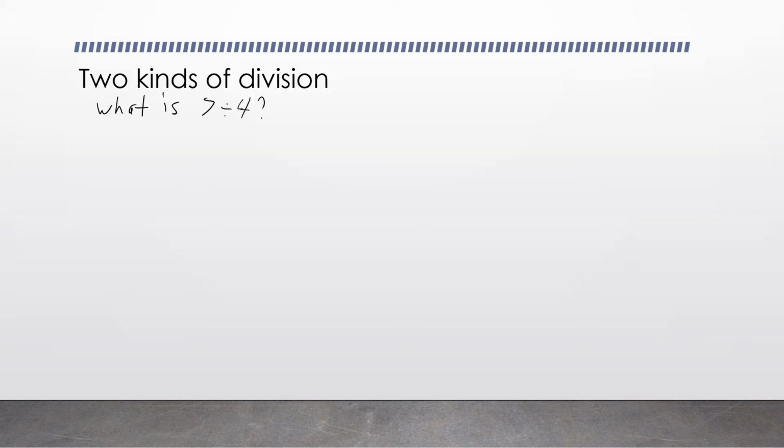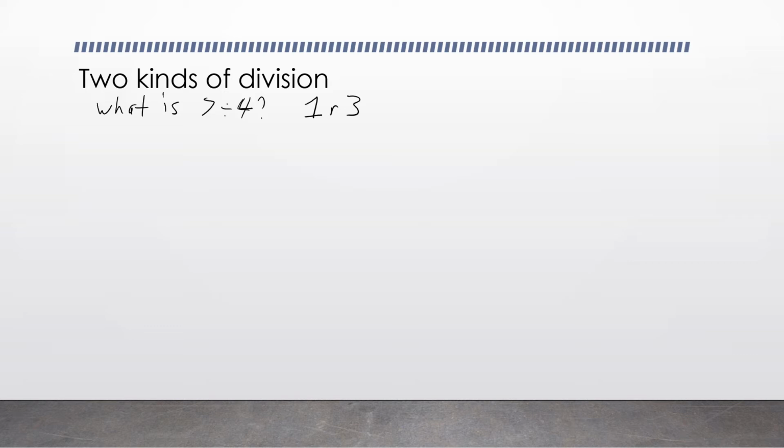Chances are when you first learned to do division back in elementary school, you would have divided 4 into 7. You would have come up with 1 remainder 3, because 4 divides evenly into 7 one time, and you have a remainder of 3.